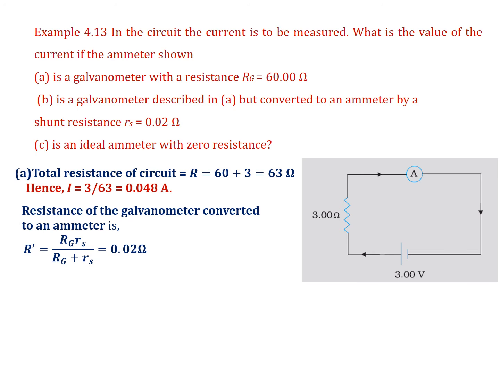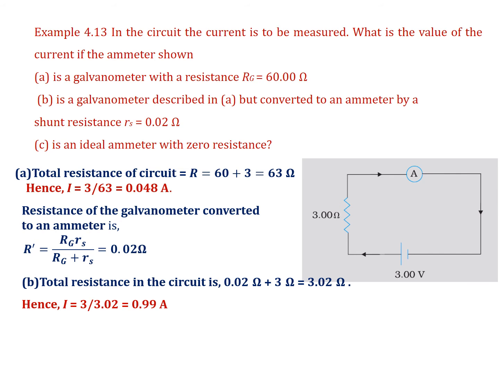To find the current, we need total resistance. Total resistance of the circuit is 3 plus 0.02, that is 3.02 ohm. And hence now the current will be 3 upon 3.02, that is 0.99 ampere.